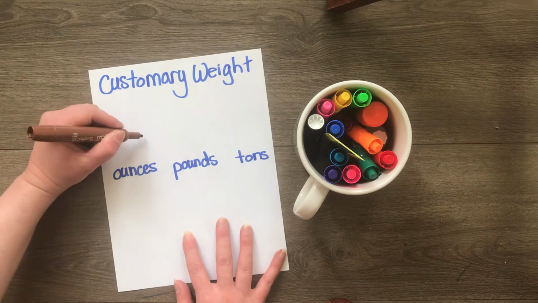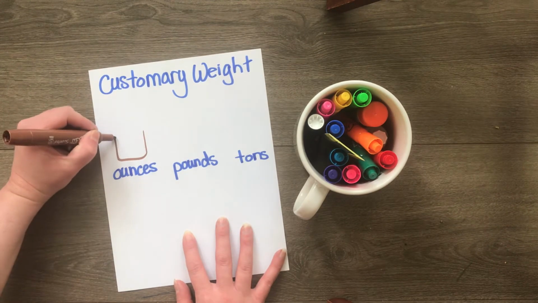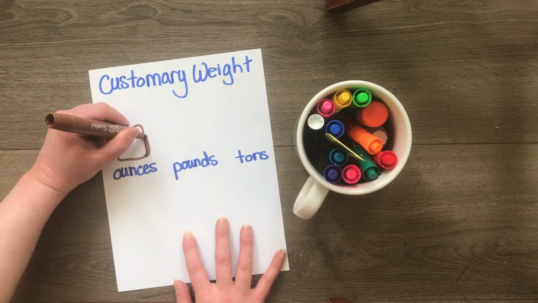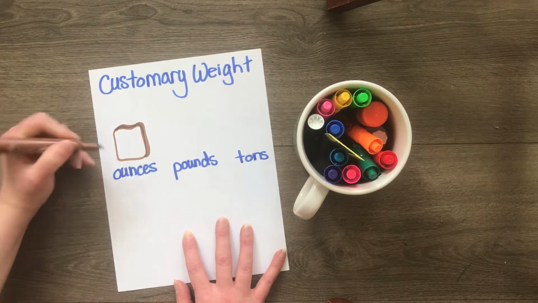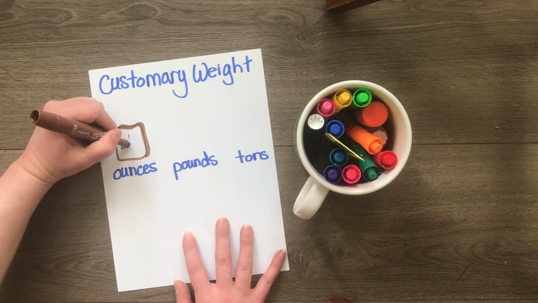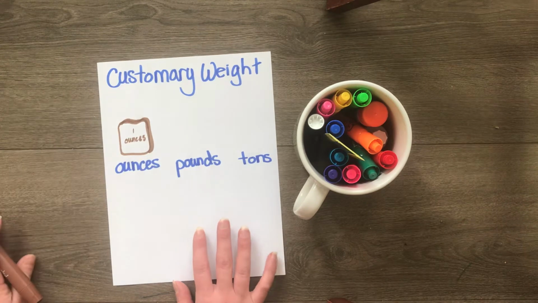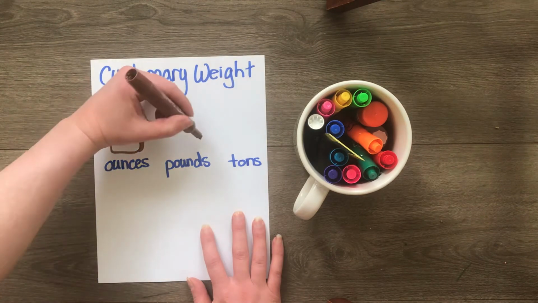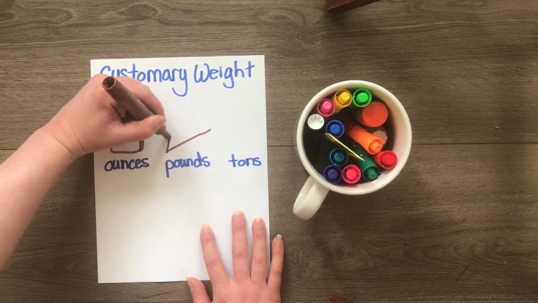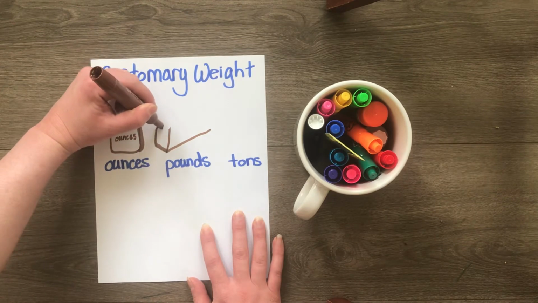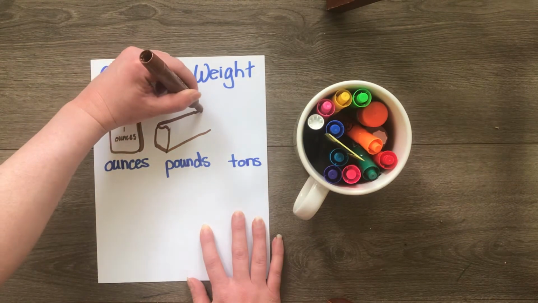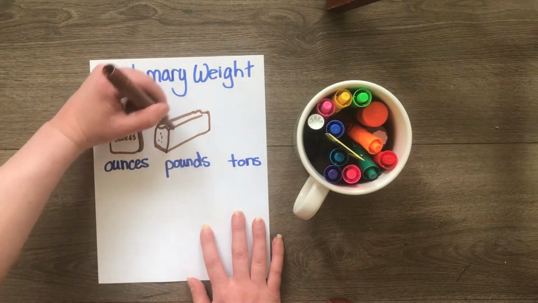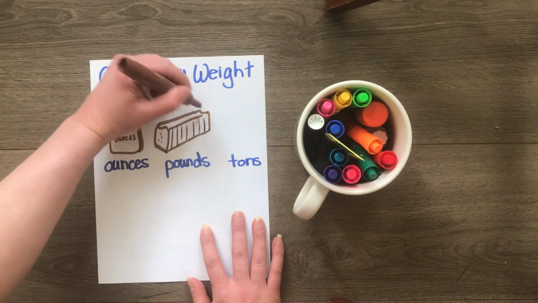So as far as ounces are concerned, if you have literally one slice of bread, just one, that is 1 ounce. It's pretty light, isn't it? Now, when we talk about pounds, if you have a whole loaf, where that single slice of bread came from, that's 1 pound.